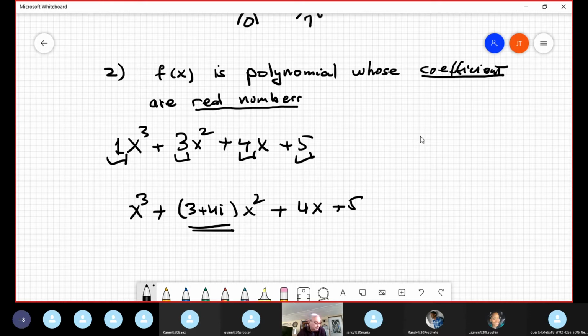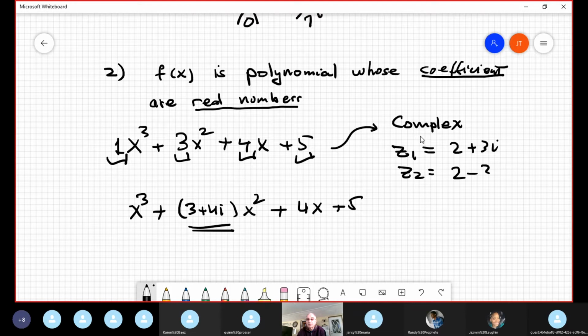When this situation happens, maybe we have complex solutions. Maybe yes, maybe no. Pero si es complex solution, this complex solution comes by a pair of conjugates. Suppose solution number 1 is 2 plus 3i. Solution number 2, mandatory, see, this is solution 2 minus 3i.